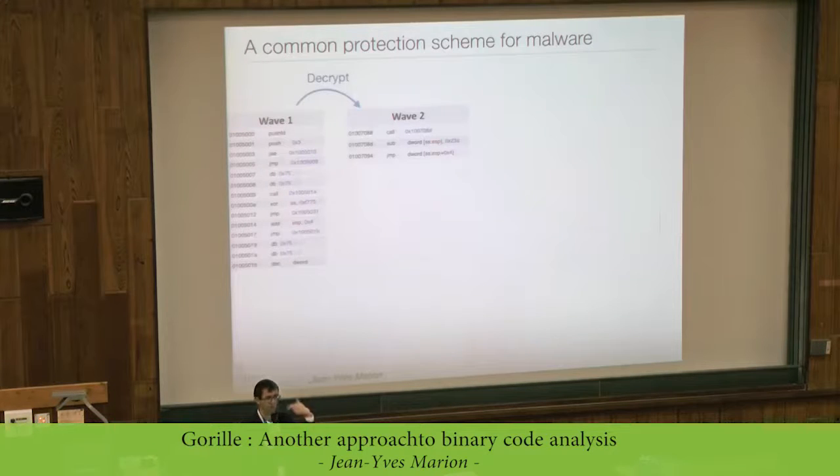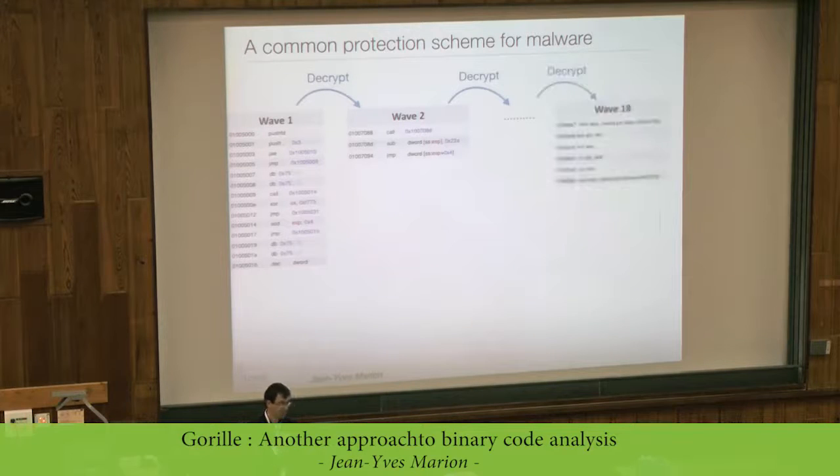You have a loop which decrypts some data, and then we jump to some decrypted data, which is another wave of code. And of course, there is another wave, another one, till a final wave, and the payload of the malware or of the program is somewhere between the first wave and the last wave, between wave 1 and 18 in this example.